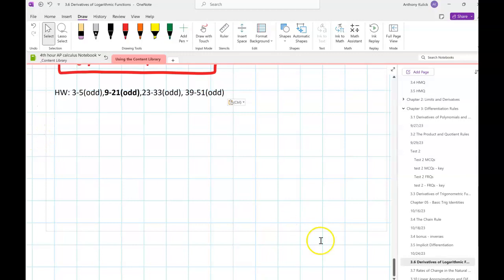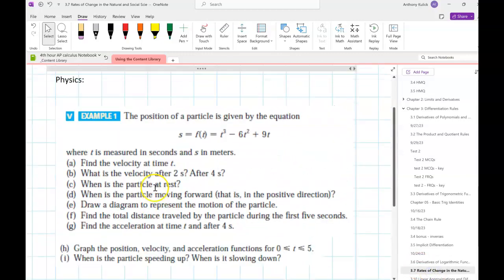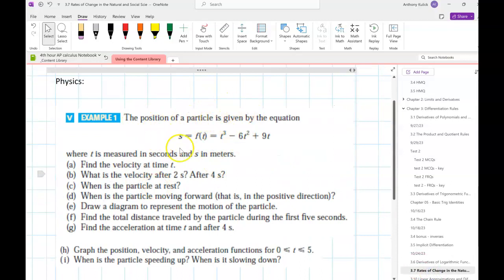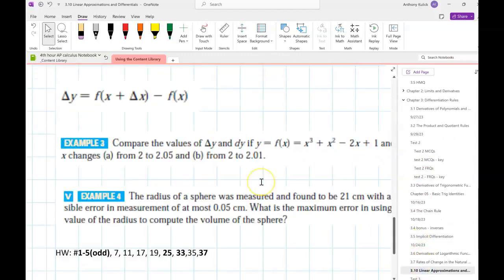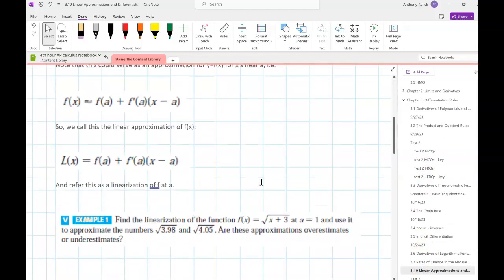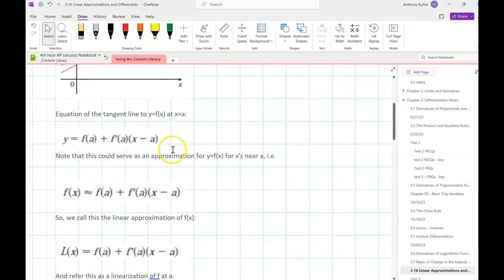3-7 is something like this. Position function, find the velocity, and so on. Things that we've already kind of done. And then this, the notation looks scary, but that's just the equation for a line. That's all you're really doing.